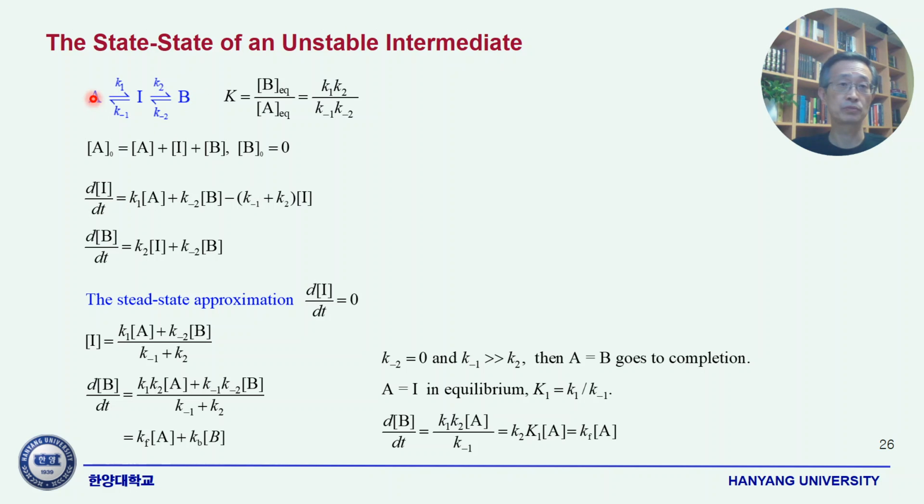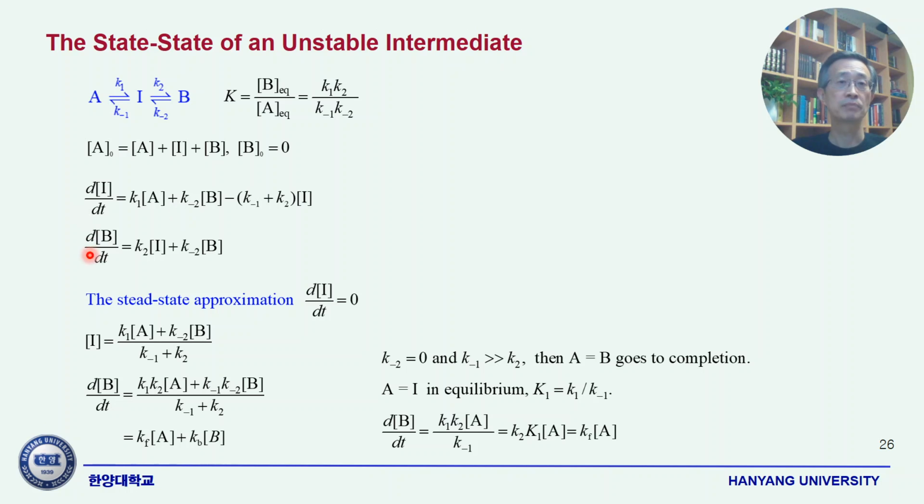Maybe you may do the same for A, but it doesn't matter. So dI/dt is production minus consumption. Production first, k1A plus k minus 2B, and then consumption is k minus 1 and k2I.